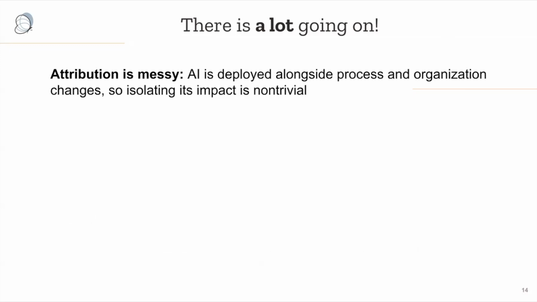So when you're trying to measure ROI, typically, if you're deploying AI, there might be process changes or organization changes. And so isolating the impact of AI can be hard. If you're changing lots of stuff at the same time, just so you can get the AI deployed, what is it, right? Is it that the new interface is just easier to use regardless of whether the AI is there?